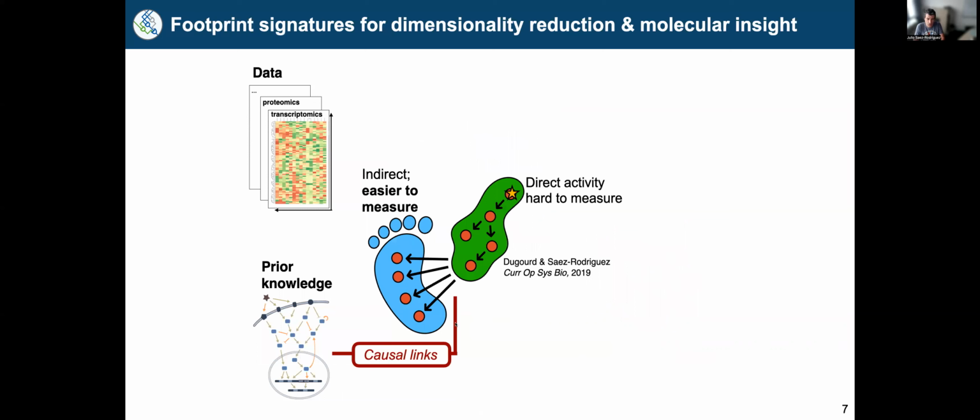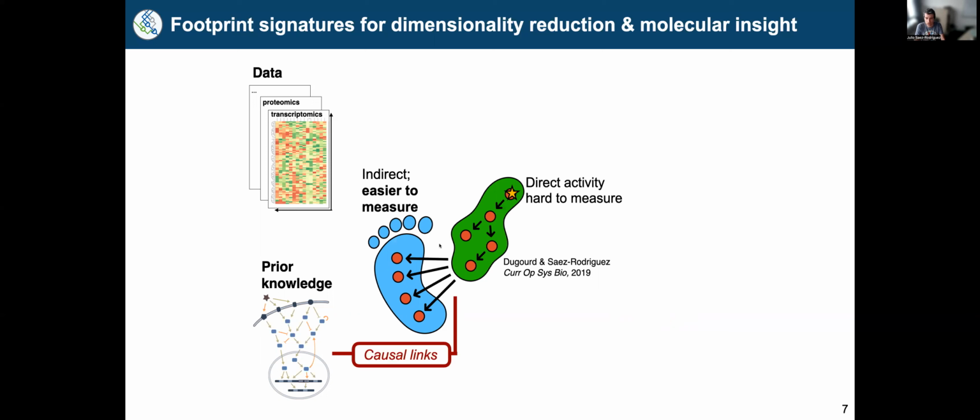So now I go back to our use of this knowledge for analysis. As I said at the beginning, what we try to do is to extract signatures from omics data using biological methods. And what we have found, which is very informative, is to think of the omics data as the footprint of a process of interest.